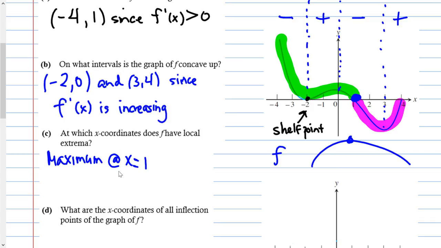Now, closed intervals are a little bit tricky because if my original appears to look like my little sketch here, then that means that my endpoints could possibly be mins and maxes, right? So my endpoint is -4 and 4.